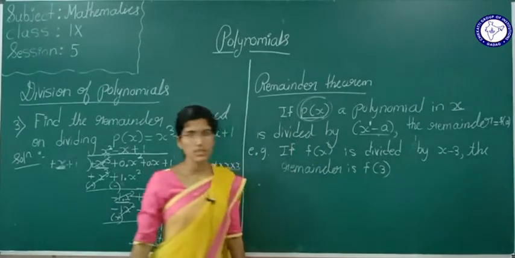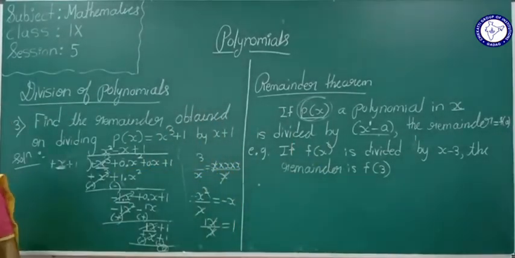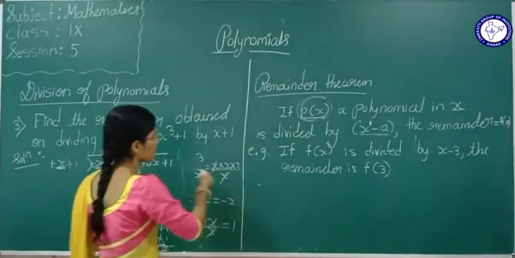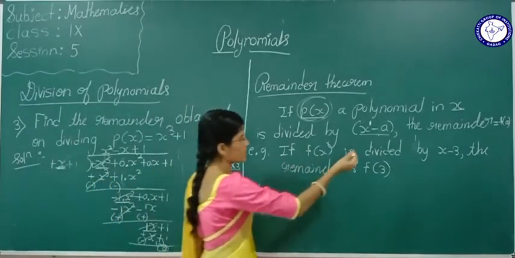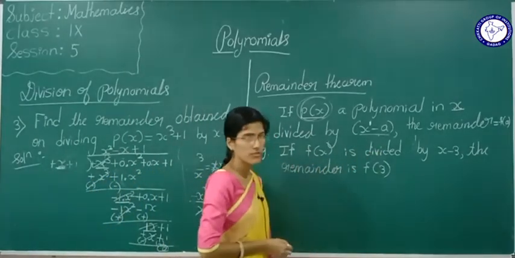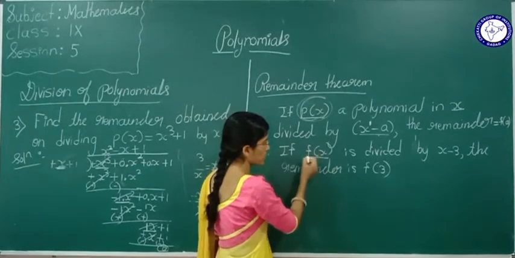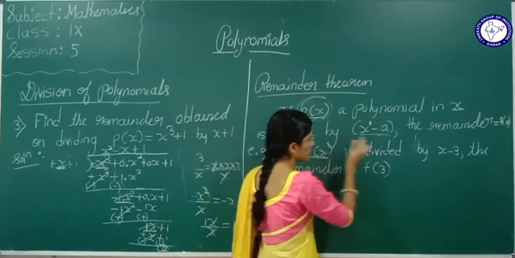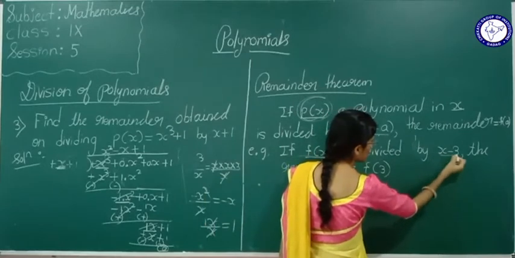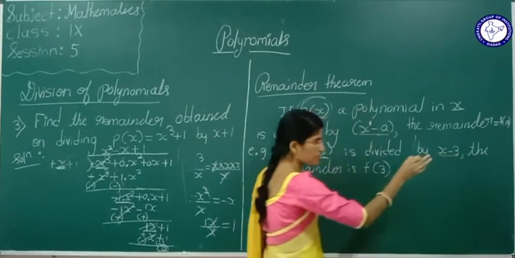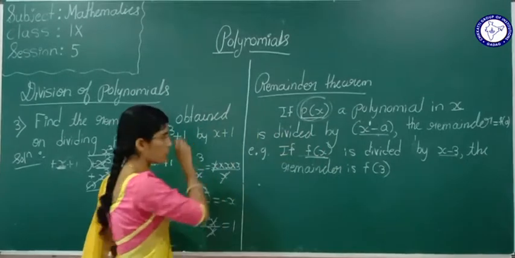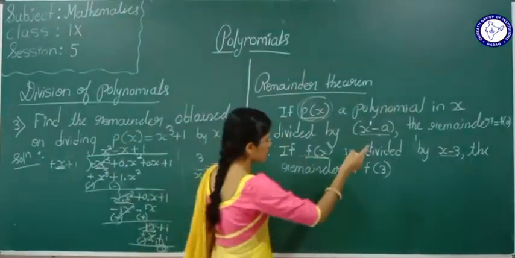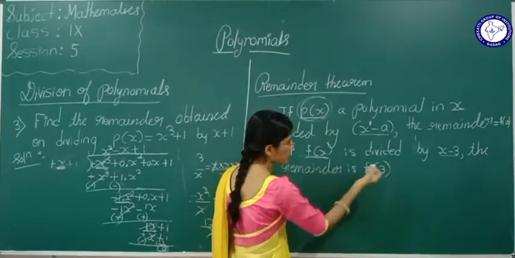Now see what this is telling. I think you are not getting a clear idea. If f of x is divided by x minus 3, the remainder is f of 3. It means if you have one polynomial and you are dividing that polynomial by one linear polynomial x minus 3, instead of going for long division, what we can do is, the remainder is f of 3.